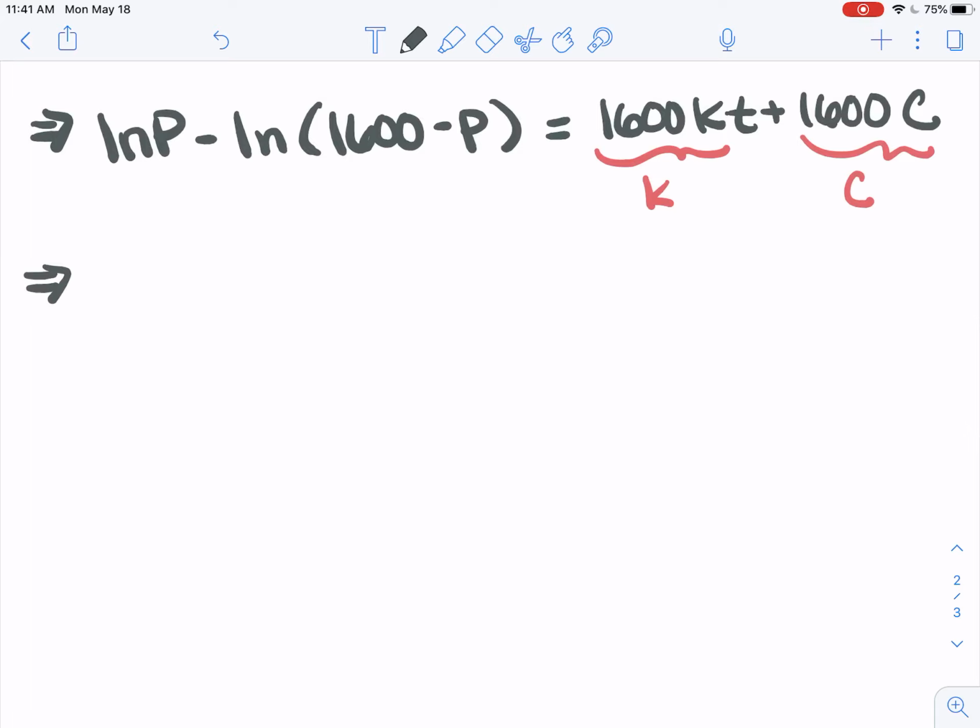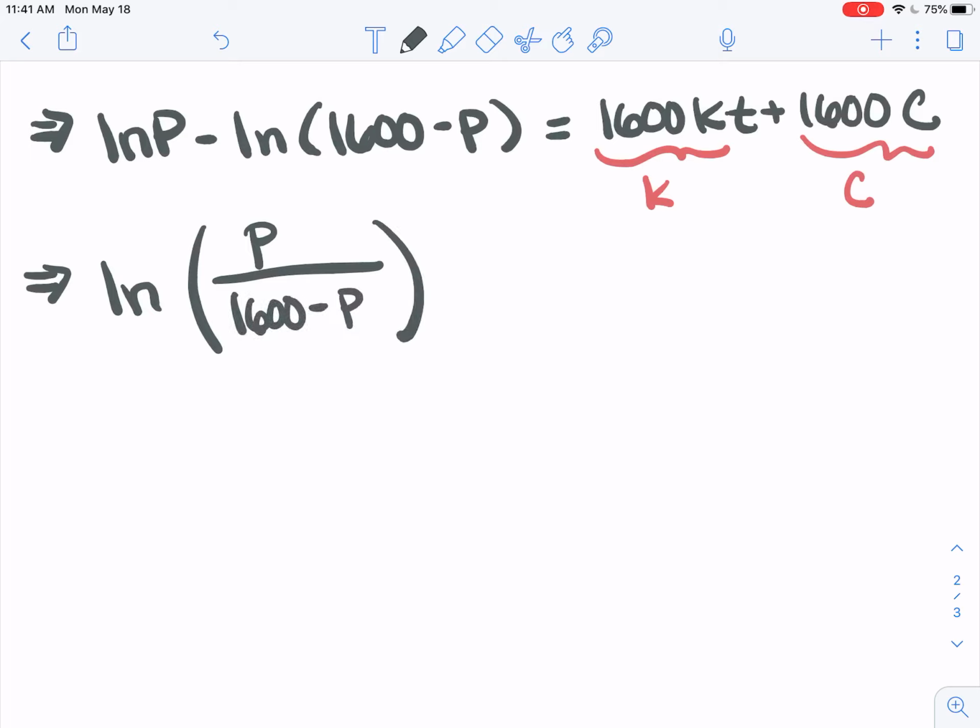Now, on the left-hand side, a natural log minus another natural log, we can combine those using log rules. That's the natural log of p divided by 1,600 minus p. That's the log rule for subtraction of two logs, and that's necessary here to be able to solve for p eventually. On the right-hand side, we have kt plus c.